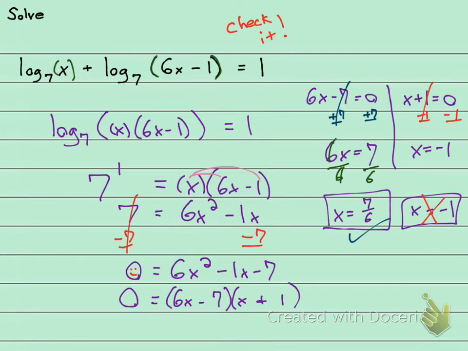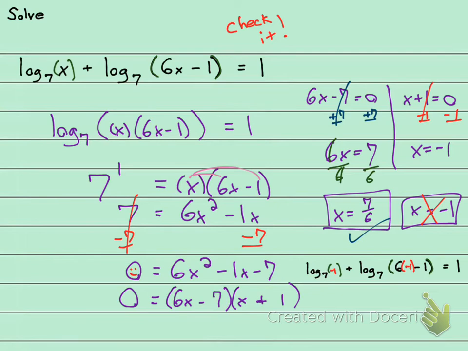Here's how I know this one does not work. Let me take the original equation and bring it down here. Everywhere I see an x, I want to plug in a -1. So that's right here, and that's right here.